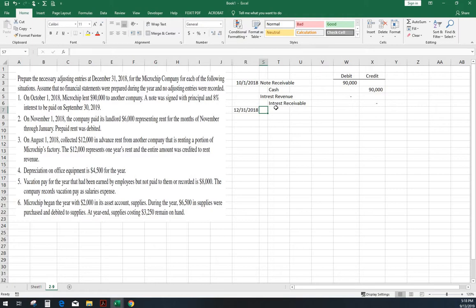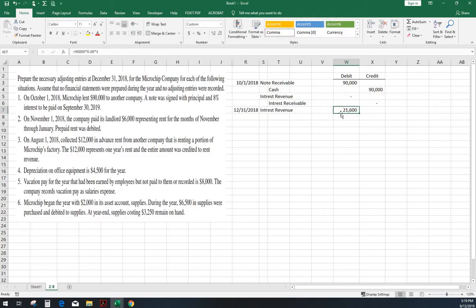So our interest revenue, we got to calculate it, equals 90,000 times the rate, which is 0.08, and we multiply that times the number of months that they've had it. They had it in October, they had it in November, and they had it in December. So that's 3 months.